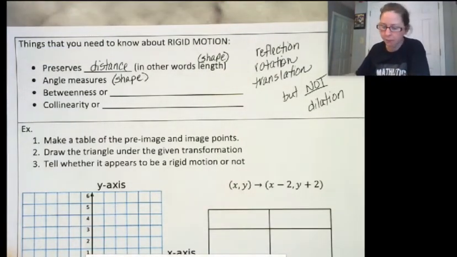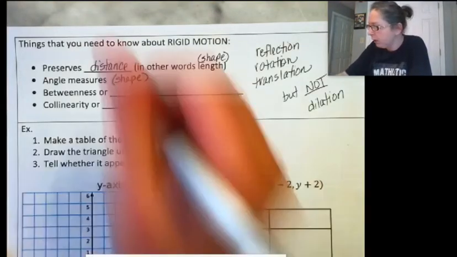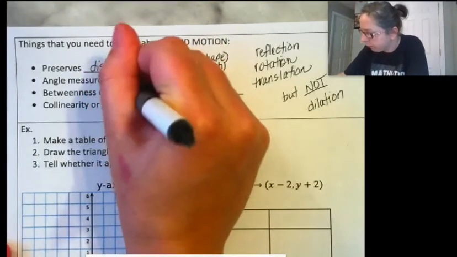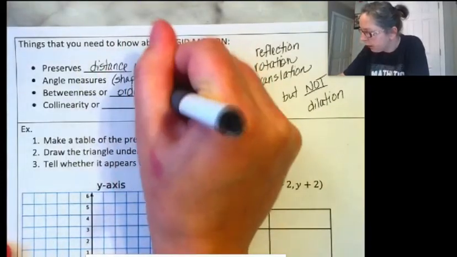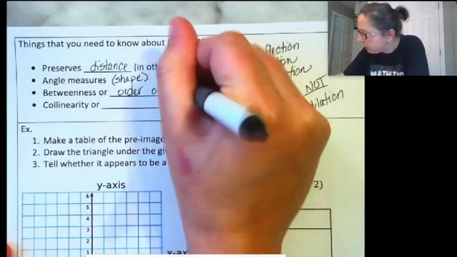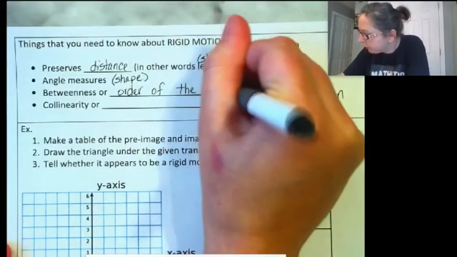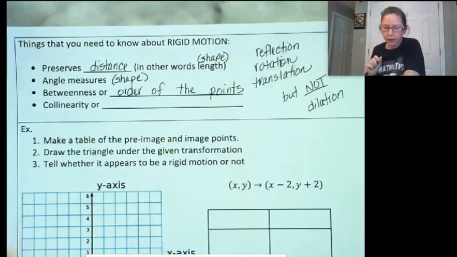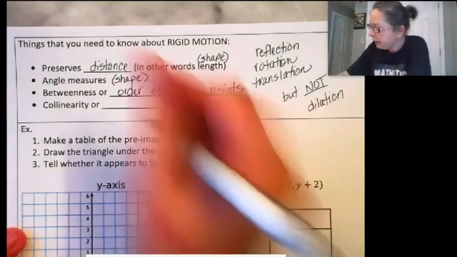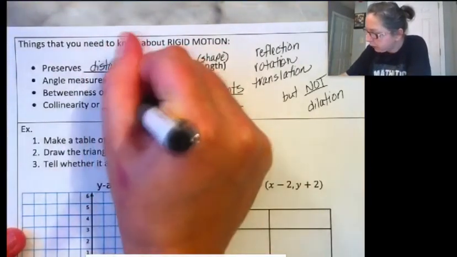Betweenness, and what that means is the order of the points. And collinearity means that they would be on the same line.